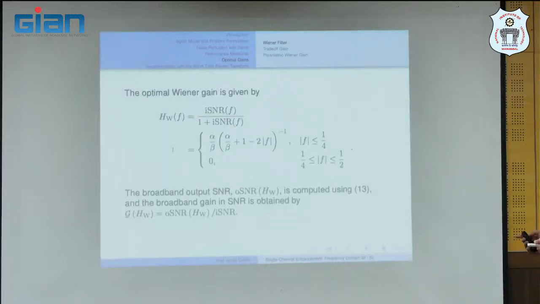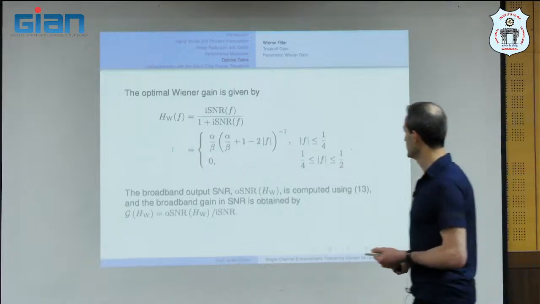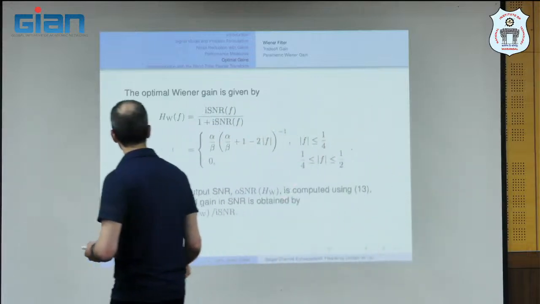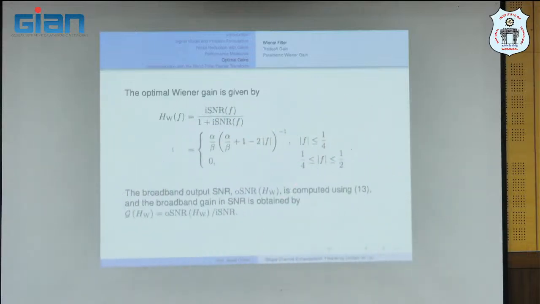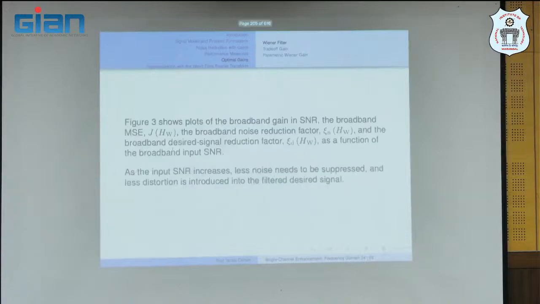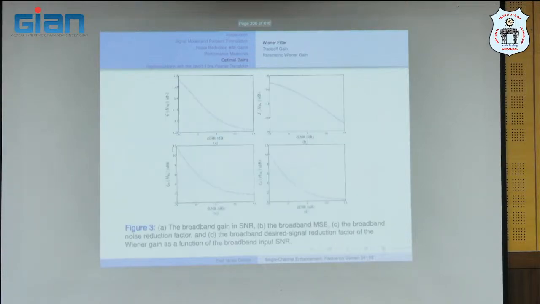And then we have this expression for the Wiener filter. You see that it's 0 in this high frequency range, because we don't have the desired signal. How does it look? If we plot the gain in SNR for using the Wiener gain as a function of the input SNR, the gain in SNR decreases.